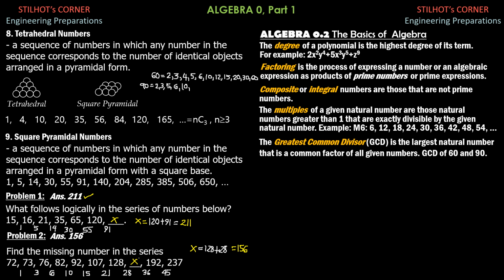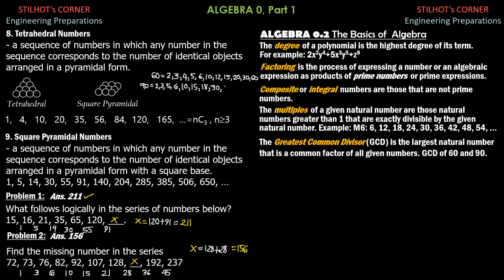It is divisible by 15. 18, divisible by 18. 20, no, not 20. 30 is the next.